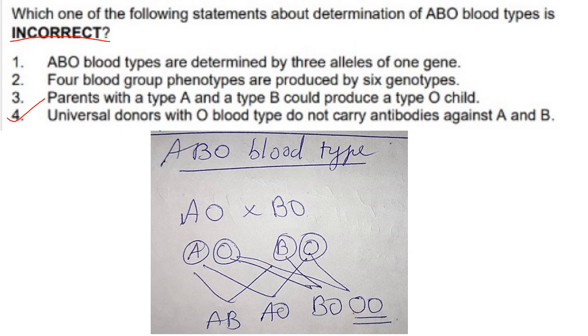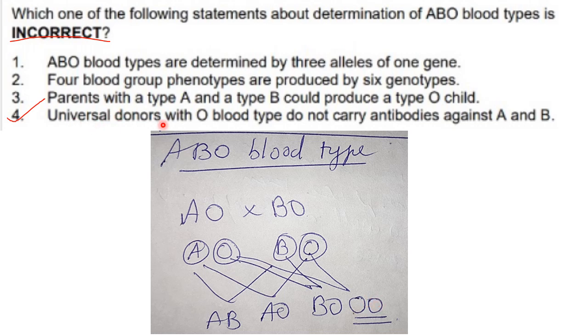Parents with type A and type B could produce an O child. If you see the diagram, parents AO and BO, if you cross, you will get a child with O phenotype.